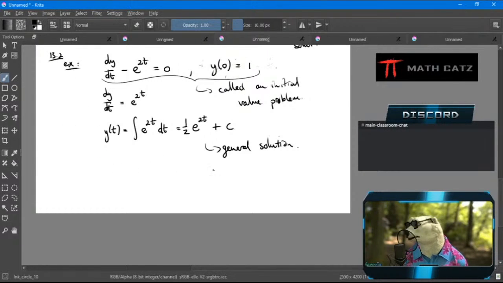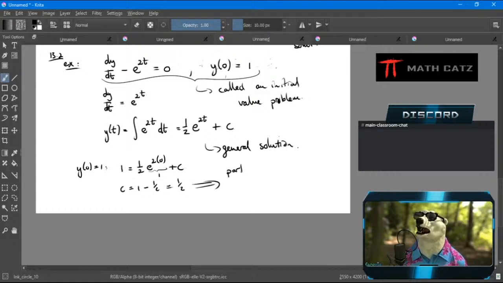So I still go about my business finding the general solution, and now I'm going to use the extra information, plug in 1 for y and 0 for t, and e to the 0 is just 1, so that means c is 1 minus a half, so equal to 1/2.